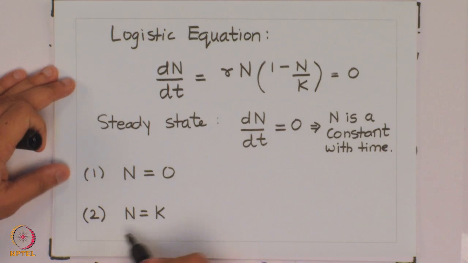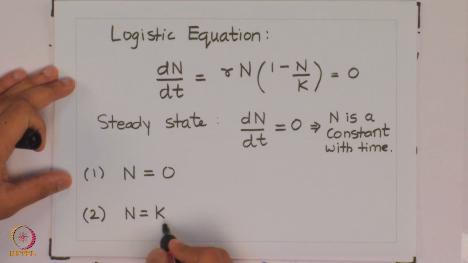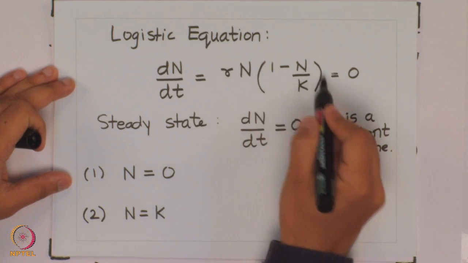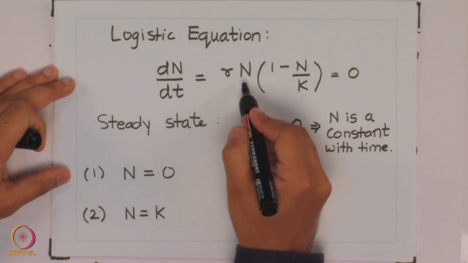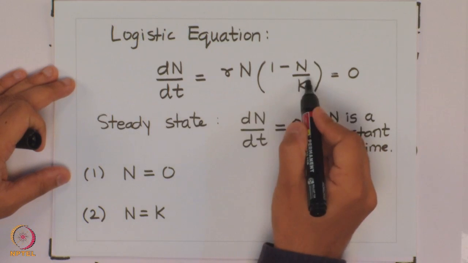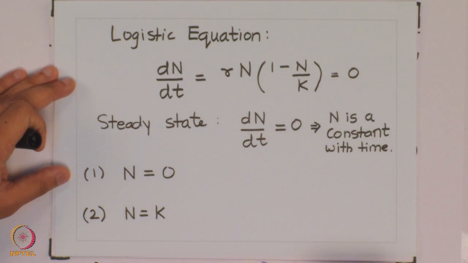The second steady state, N equal to K, makes the factor inside the bracket equal to 0, so we have r times N times (1 minus 1), which is 0, equal to 0. Next we will understand what these two steady states physically mean.